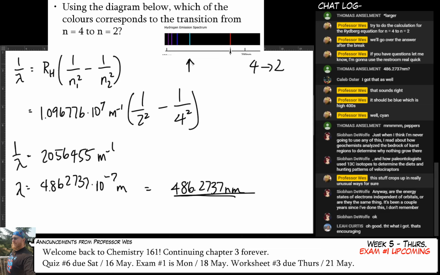So that is the Rydberg equation, and it turns out this slide is the end point for exam 1. Nothing after this slide will be on exam 1. So that's all the math we're going to do in this class. That could be a relief for some people, or awful because there's no more math. We are done with math.